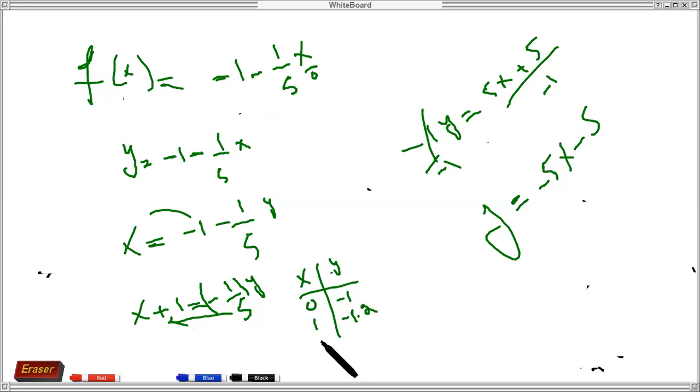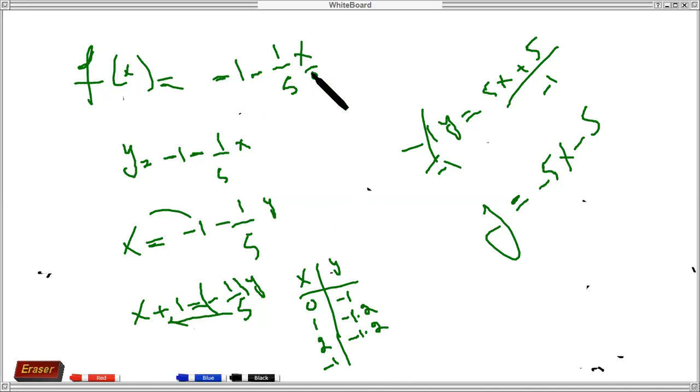Same if you give x equal to 2. So 2 multiplied with 1 over 5, minus 1, 2 over 5. This means minus 7 over 5, about minus 1.4. So you have these values. Then give some negative values like minus 1, minus 2.